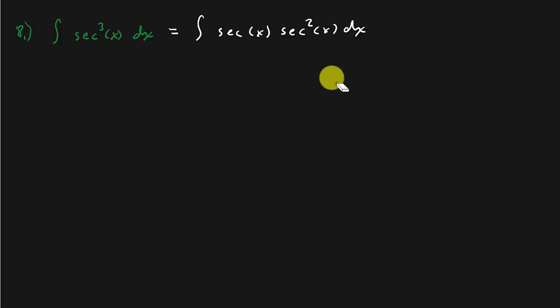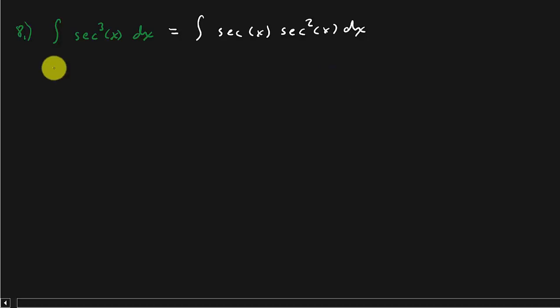So for this one, how about we try integration by parts? All right. So I'm going to let u equal secant x and dv equals secant squared x dx.